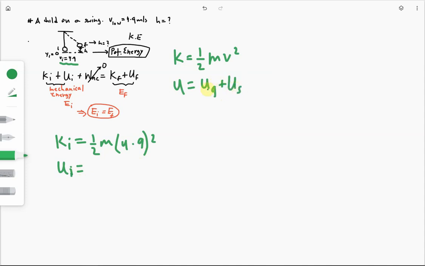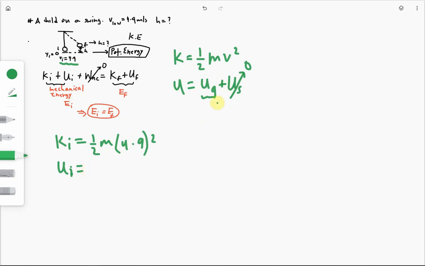So UG is the gravitational potential energy and US is the spring potential energy. There is no spring involved in this problem, so this is 0. Only the child is moving in the swing, so it's swinging up and down, meaning that gravity will be present. So we have potential energy due to gravity.